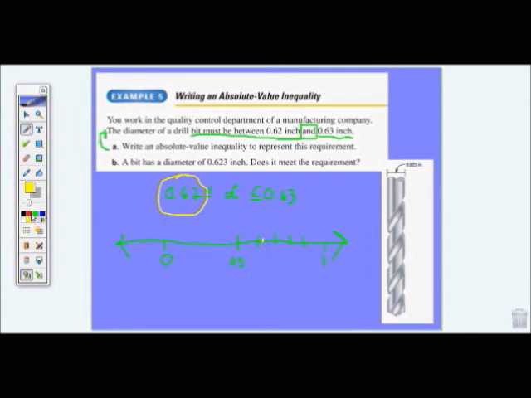Let's go back to black. 0.63 would be in here. So my diameter of 0.623, what haven't I used yet? Would end up, this should be interesting, falling right in between there.